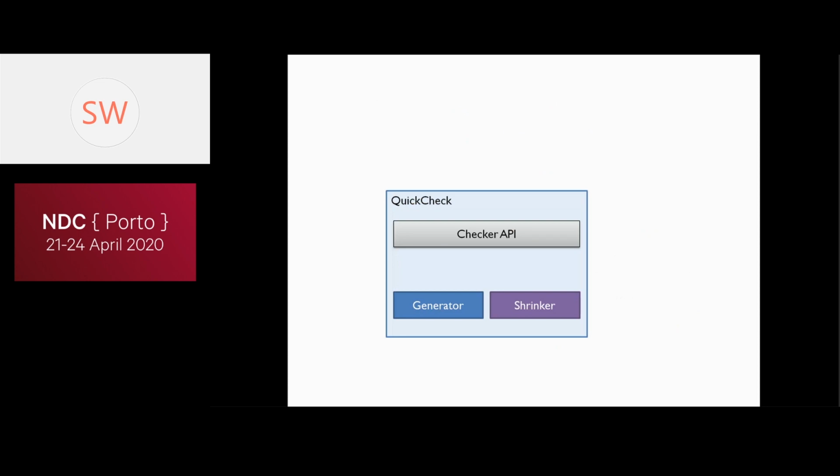This library has an API, and inside there are two things called a generator and a shrinker, which I will talk about. You have your property, which remember is a function that returns Boolean. You pass it into this API, and the generator part generates random inputs for your function.